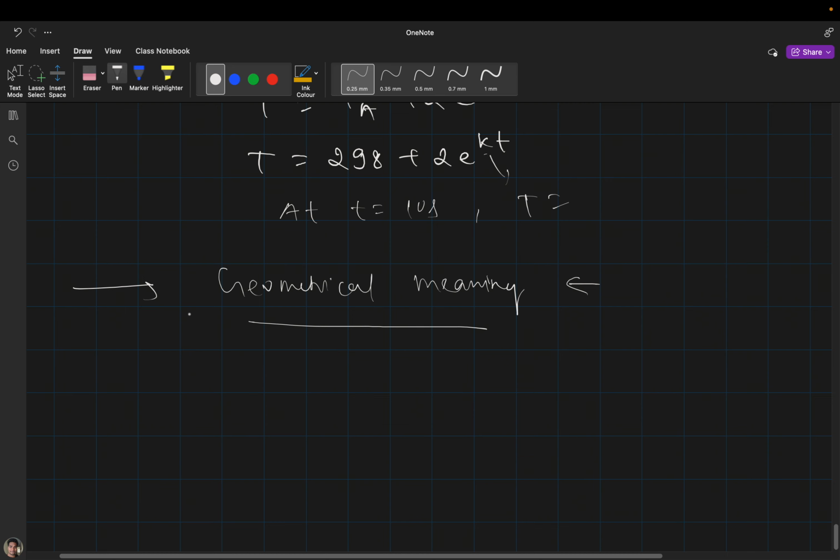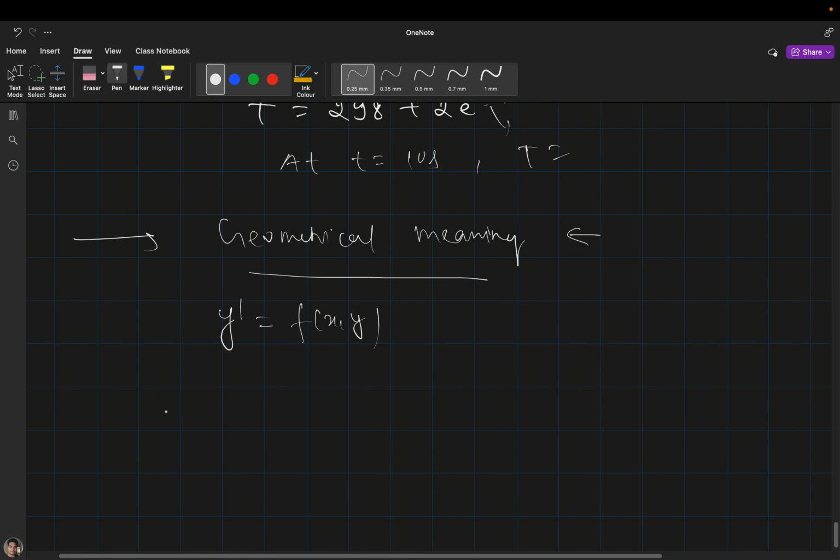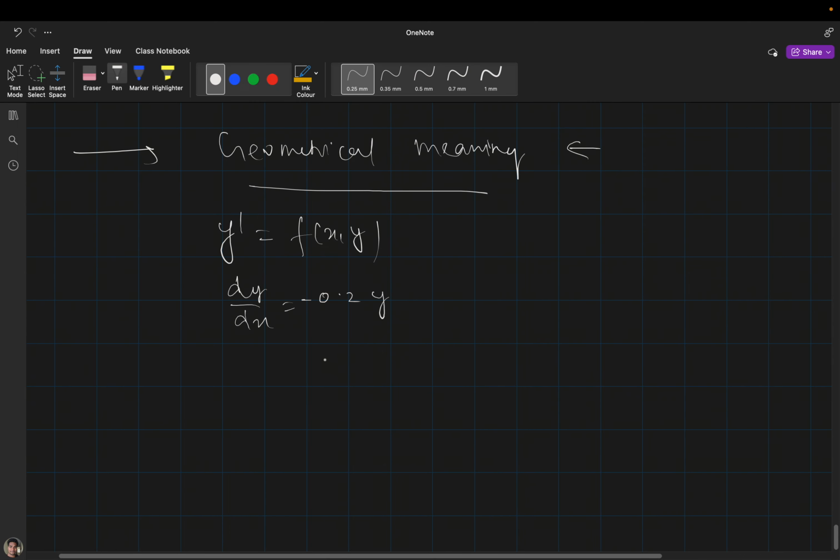Suppose you have some kind of differential equation, y dash equal to some function. Suppose the same case I discussed, dy by dx equal to minus 0.2y. Now I will try to plot the solution of this differential equation.